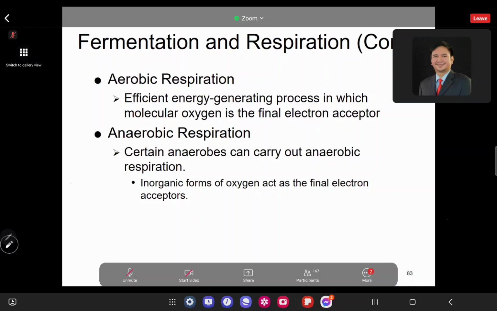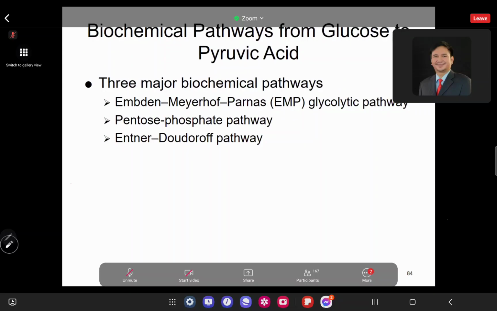These processes highlight how microbes adapt to environments to produce energy efficiently.